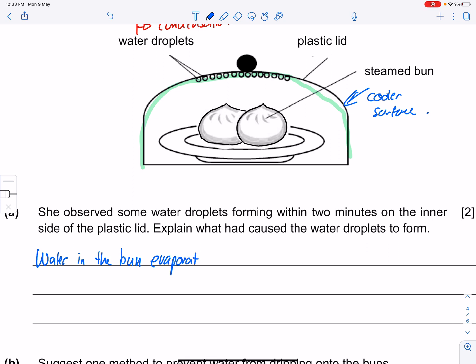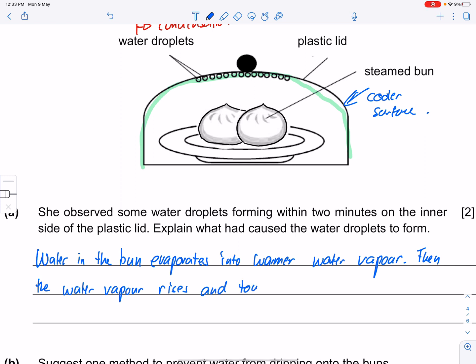Okay, water in the bun evaporates into warmer water vapor. Right? Then the water vapor rises and comes into contact or touches the cooler surface of the plastic lid.